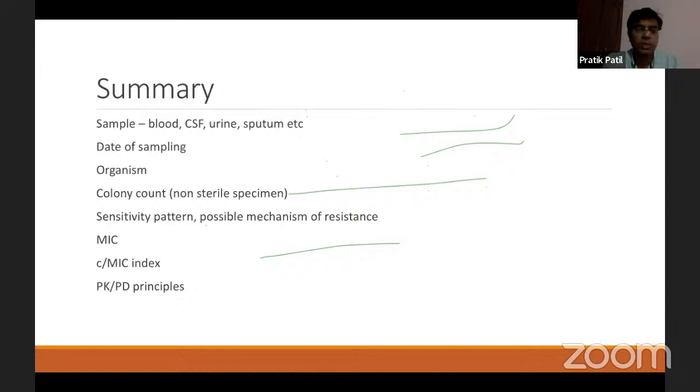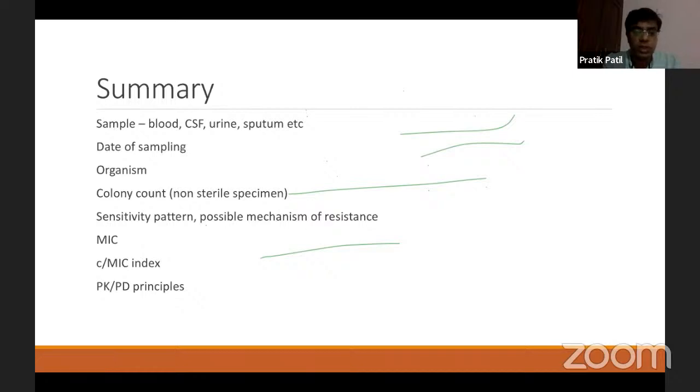So to summarize, whenever you assess the blood or any culture report, you need to see what is the sample, whether it's a sterile or non-sterile sample, what is the colony count in terms of non-sterile samples, when was the sample taken, what type of organism, whether it could be a contamination or colonizer, any presence of devices or implants, what is the sensitivity pattern and possible mechanism of resistance to analyze what class of drugs are likely to work and not likely to work, what is the minimum inhibitory concentration, so that you choose the right drug, what is the concentration above MIC.